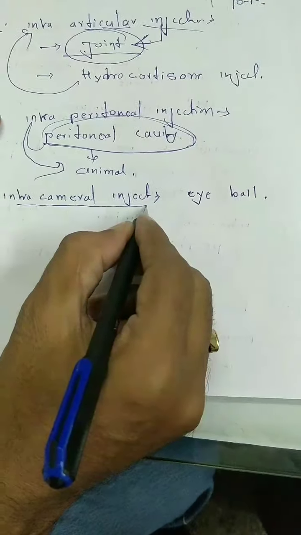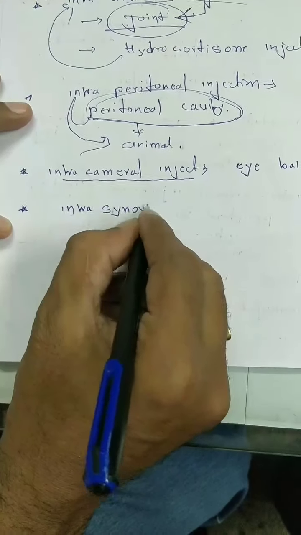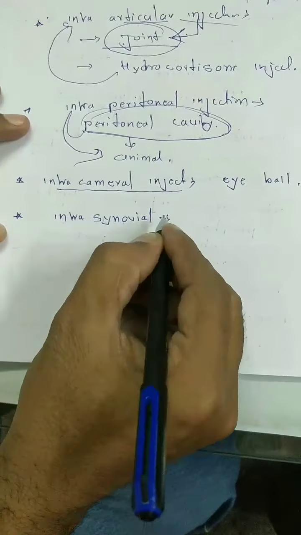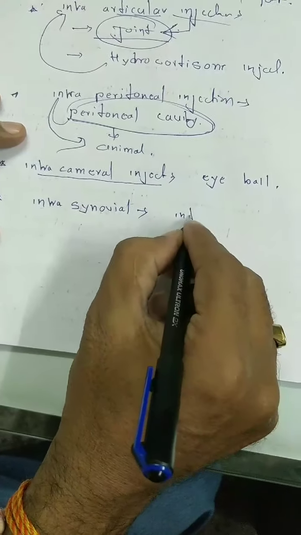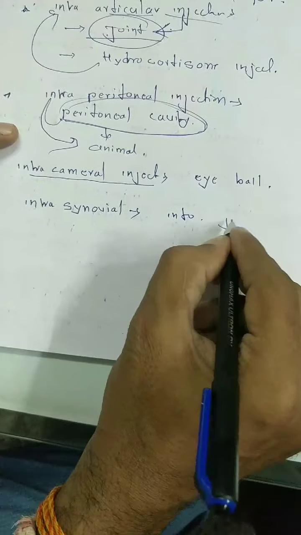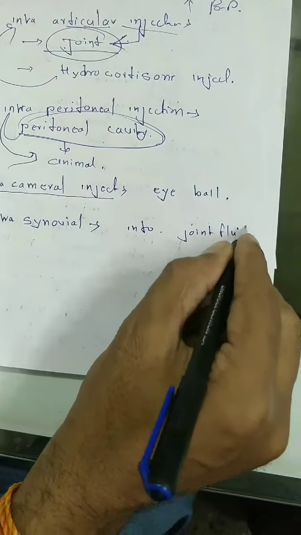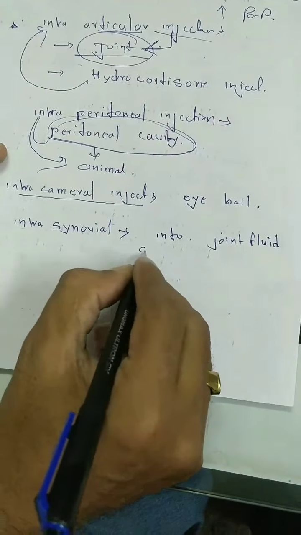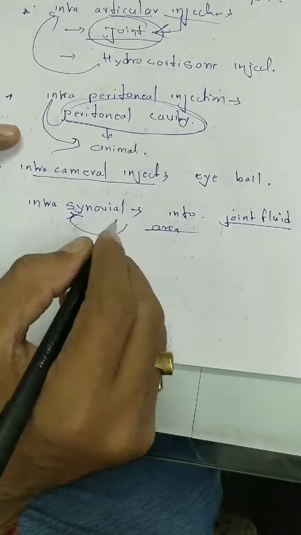And the last, intrasynovial: the drug is injected into the joint fluid area, that is called intrasynovial injection.